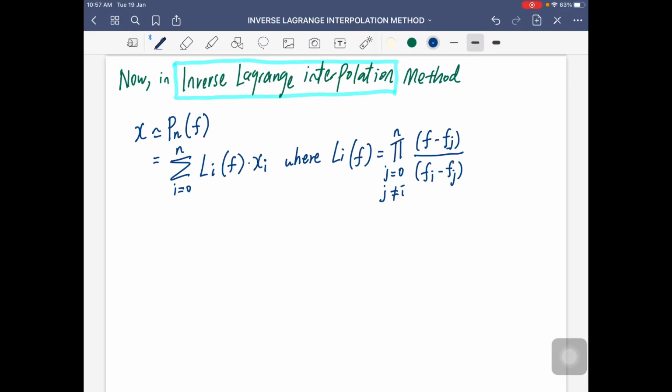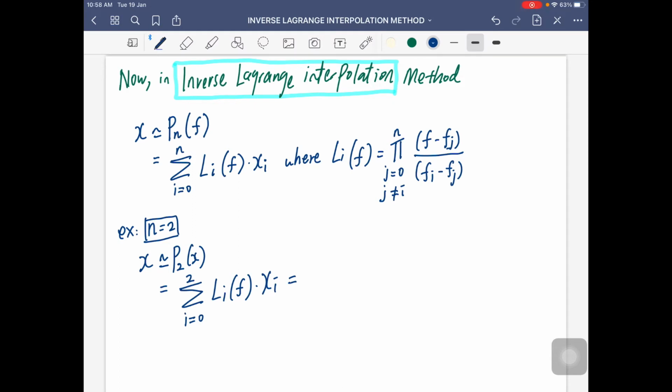Okay, for example, let's say we want to construct n equal to 2, a polynomial of degree 2. So we want to estimate x by using a polynomial of degree 2. How we construct our inverse Lagrange polynomial is a summation from i equal to 0 until 2 of L_i(f), where f is given, multiplied with your x_i.